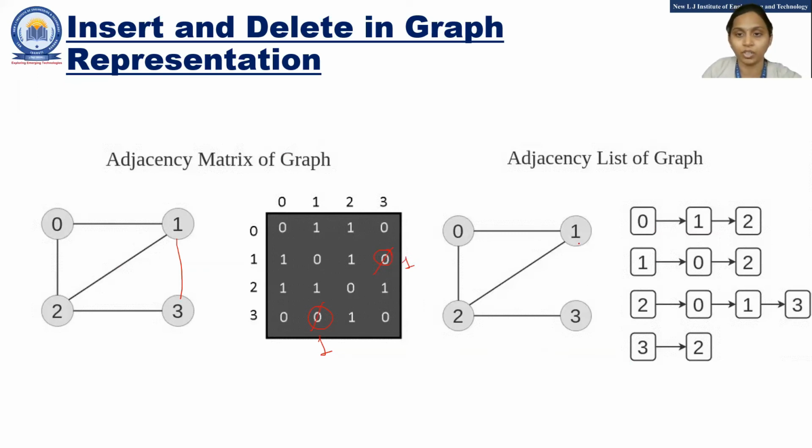In the same way, in the list, if a connection is formed here, you have to add 1 here and also add the number 3 here. Because 1 has a relation with 3 and 3 has a relation with 1. So this way you can add something, update something, or delete something.